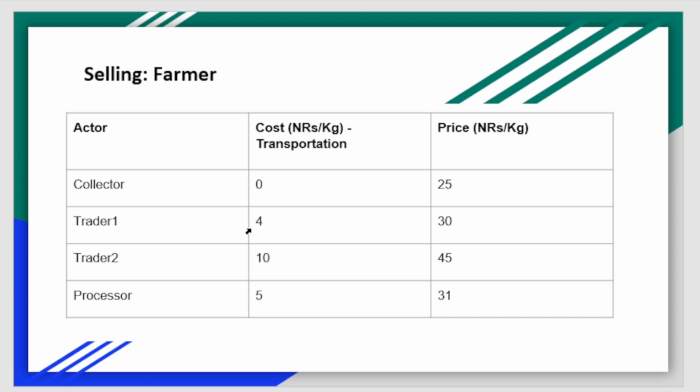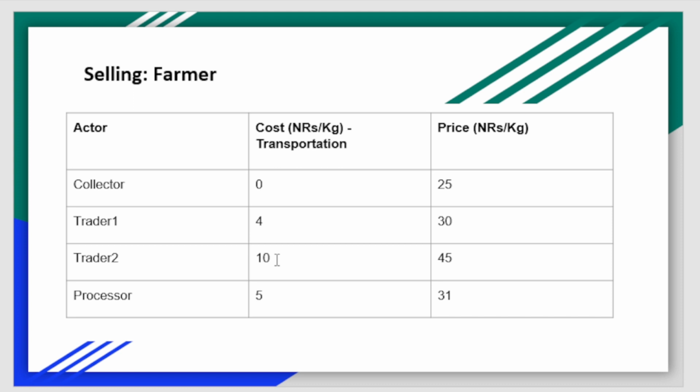Similarly, if they opted to sell to trader 2, then the cost of transportation is 10 rupees, and the associated price is 45 rupees per kg. And for the processor, the cost is 5 rupees per kg, and the price the farmer will get is 31 rupees per kg.